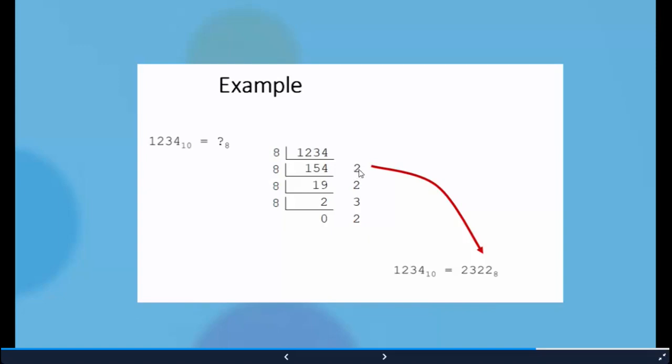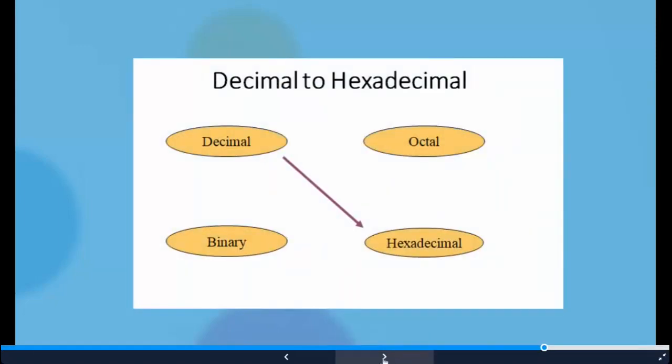Same process until you get a 0. That's the time you stop. Your answers are actually the remainders. It's not these quotients, but the final answer for your conversion is actually the remainders. So please don't forget that.